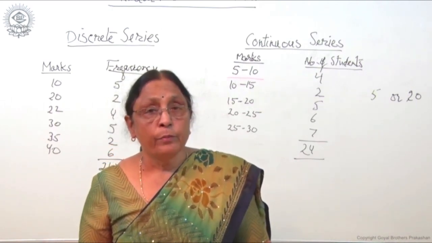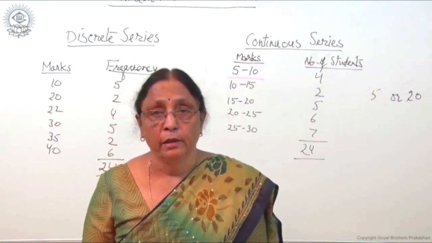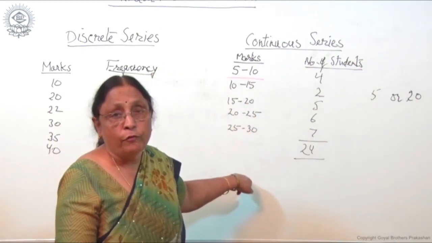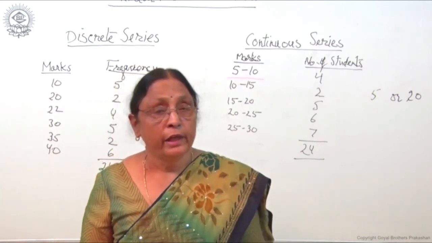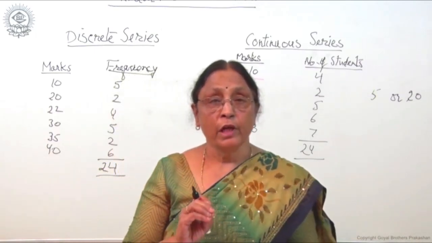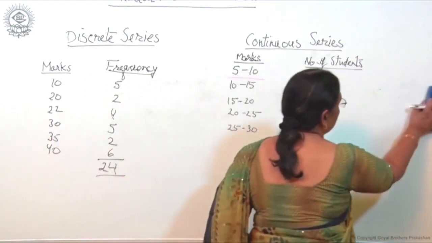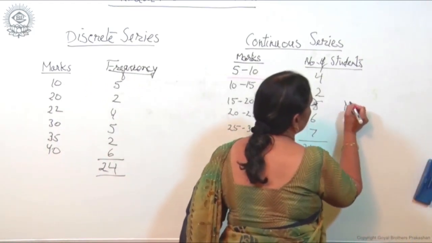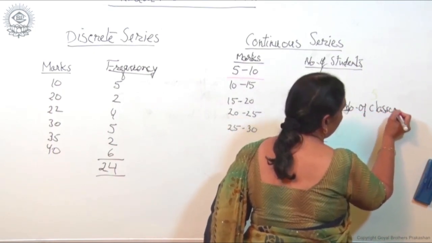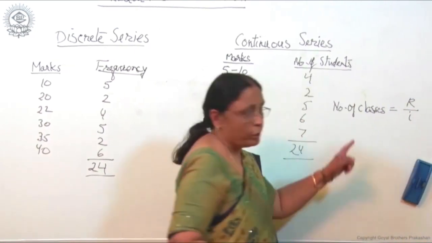Now you must be thinking, suppose there are 1000 children, or you are collecting data regarding 1000 people. How do you give the data in 5 class intervals or 20? For that you have to decide what class interval you are taking, or how many classes you will decide on the basis of this: number of classes is R upon I. Now what is R here?